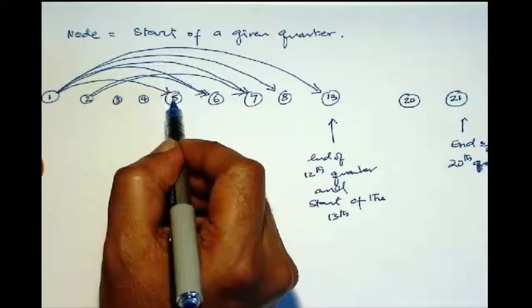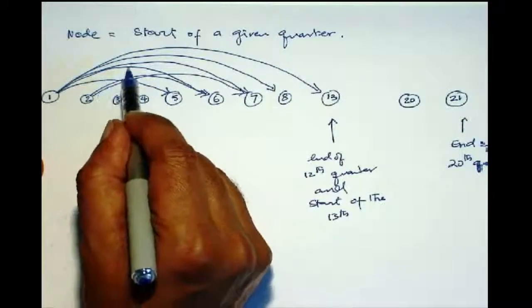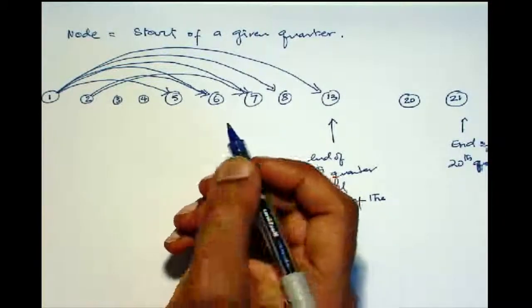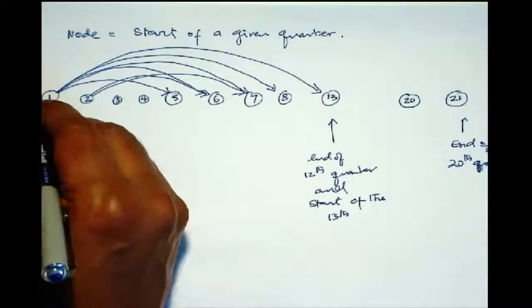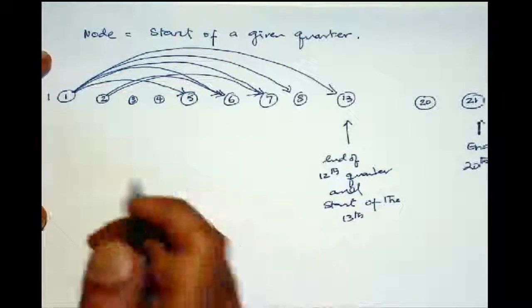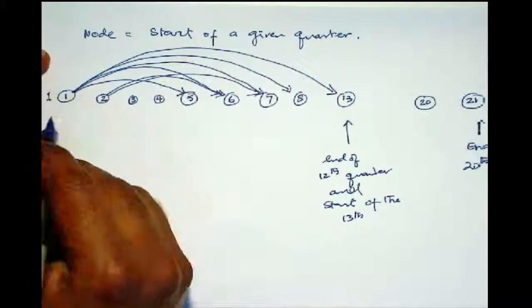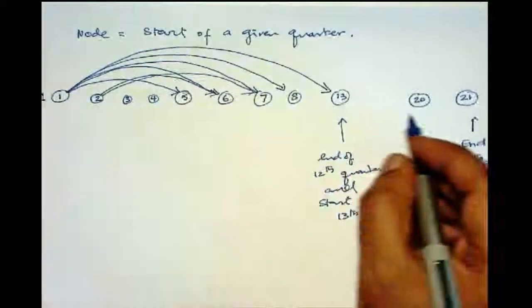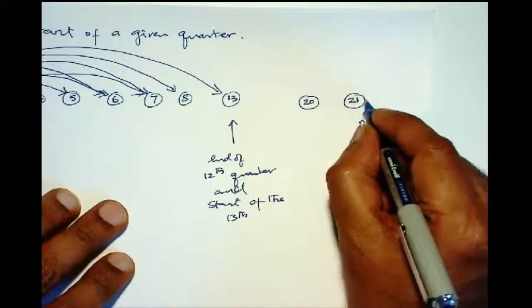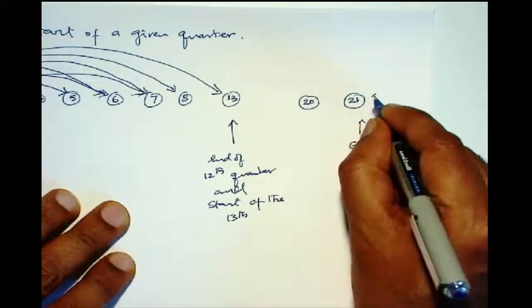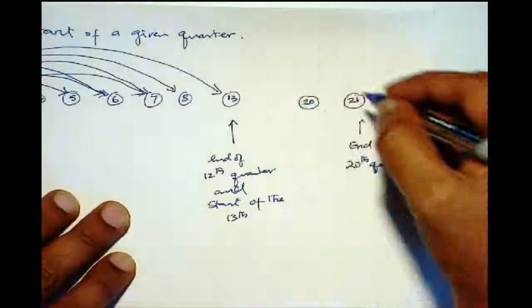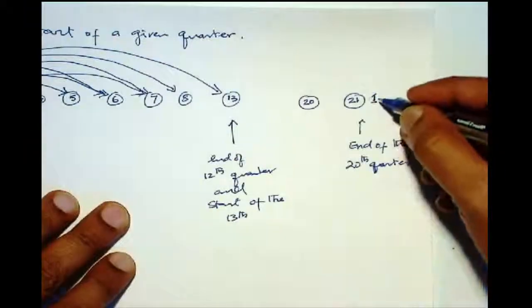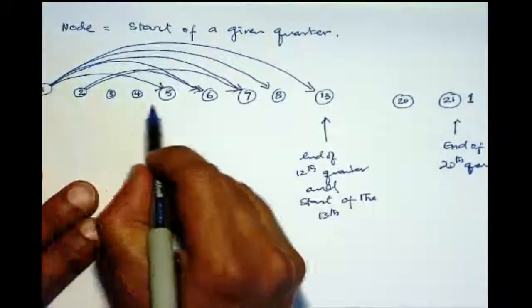Now what we have to do is to start with a supply of 1, that is the first node, and then the last node is the final destination that should get a net inflow of 1, and every other node in between should have a net flow of 0.